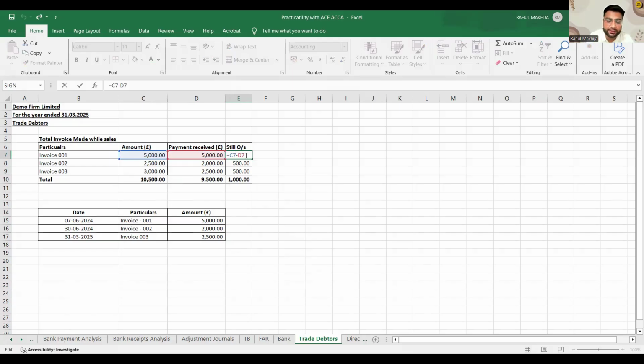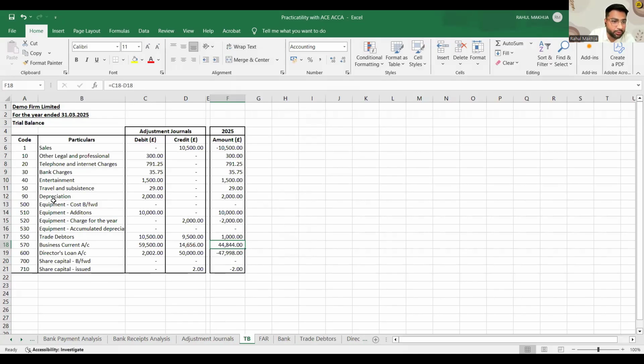So here it comes to 1,000 trade debtors. Now, to cross-check whether we have posted the adjustment journal correctly, we will recheck with the trial balance. Here, trade debtors is 1,000 closing, so this is also accurate.